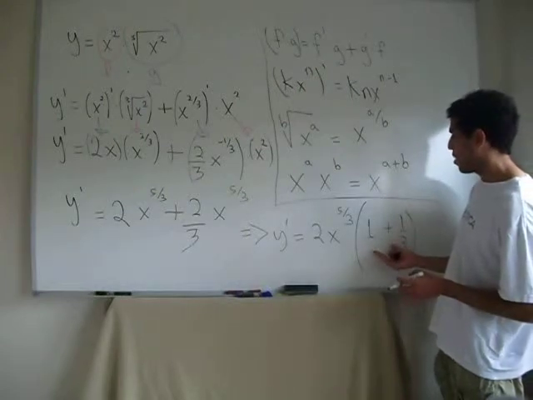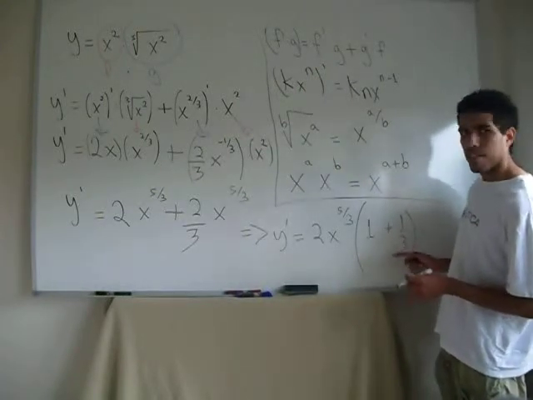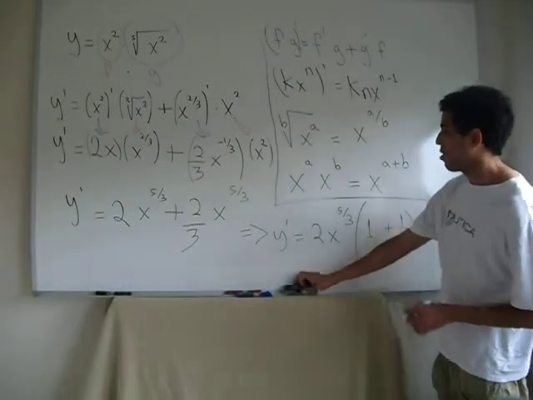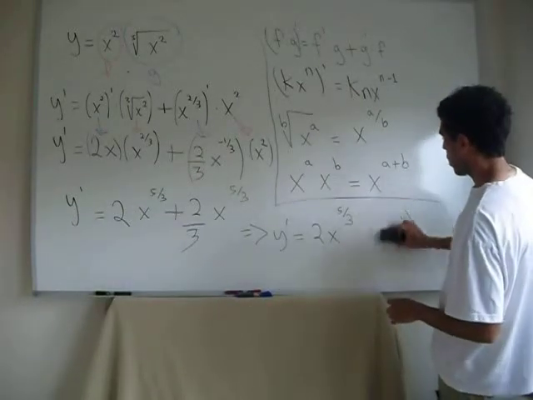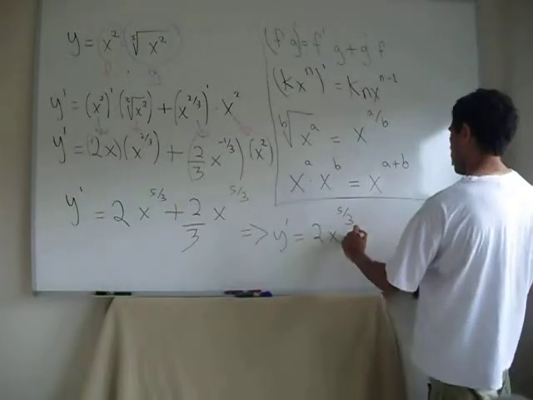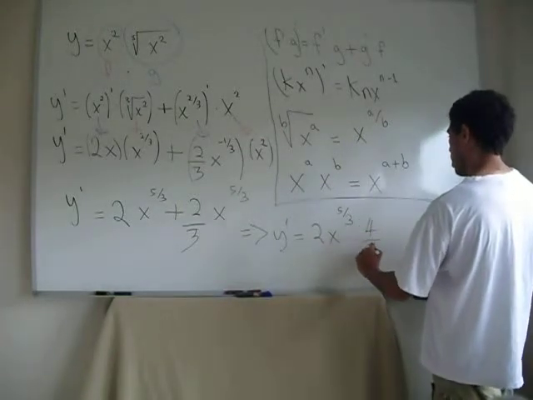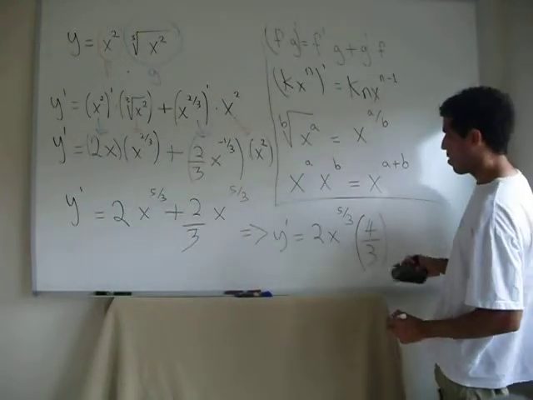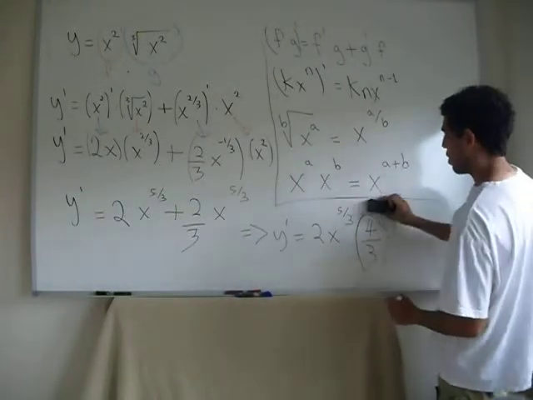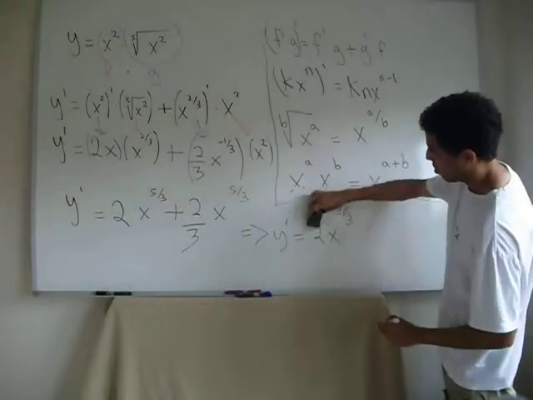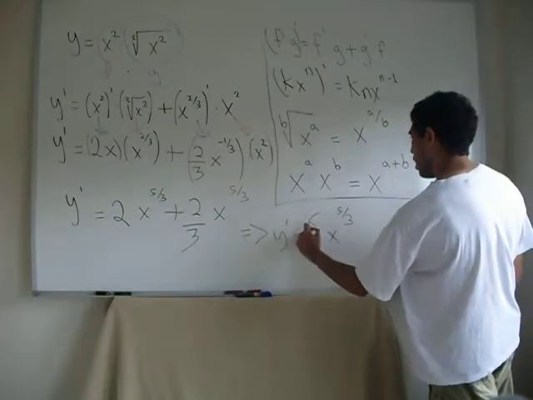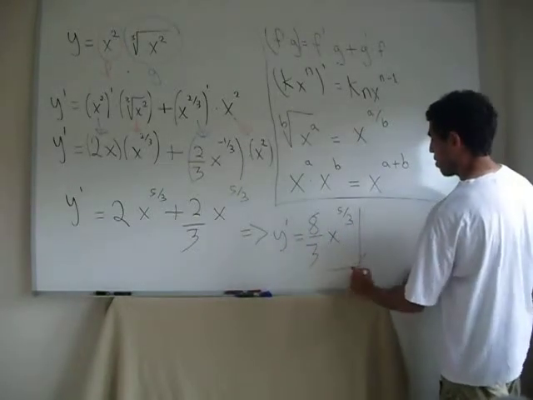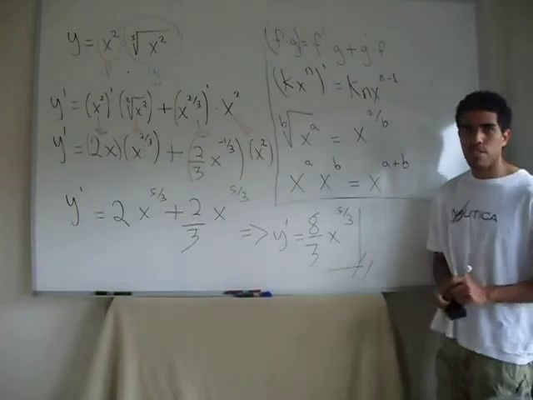We can even operate this too. 1 plus 1/3 is 3/3 plus 1/3, so it's 4/3. And we can even do 2 times 4, which is 8, and the 3 remains the same. 8/3. After simplifying, there you go. There is the solution of the problem.